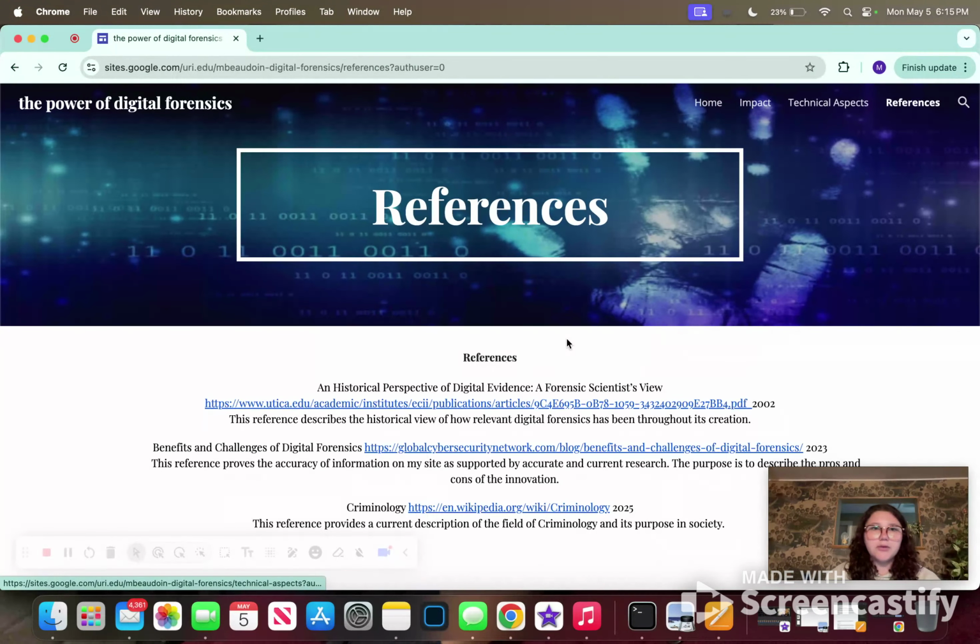And then I have my references page. My favorite reference is the top one. It's called a historical perspective of digital evidence, a forensic scientist's view, and it was created in 2002. And I really like this reference because it shows me a historical perspective, and especially how much things have changed since then.